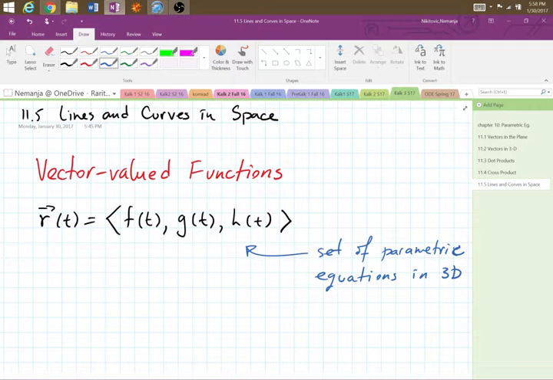Now you can look at that t as time, right? As time flows, the progression along the line happens. So if we put an ant on this curve in space, because an ant can't fly, it will be bound to walk on the line.